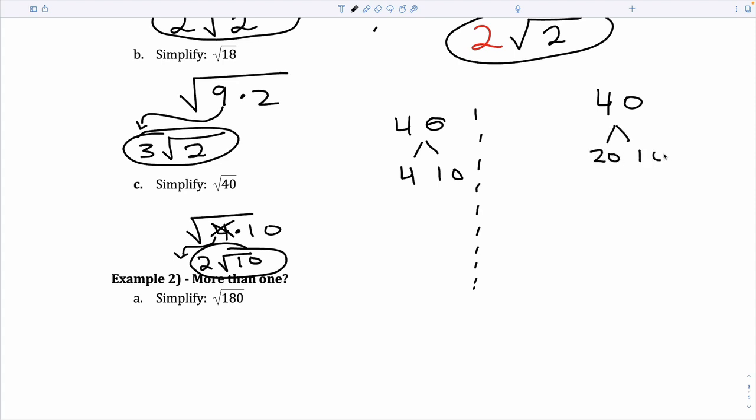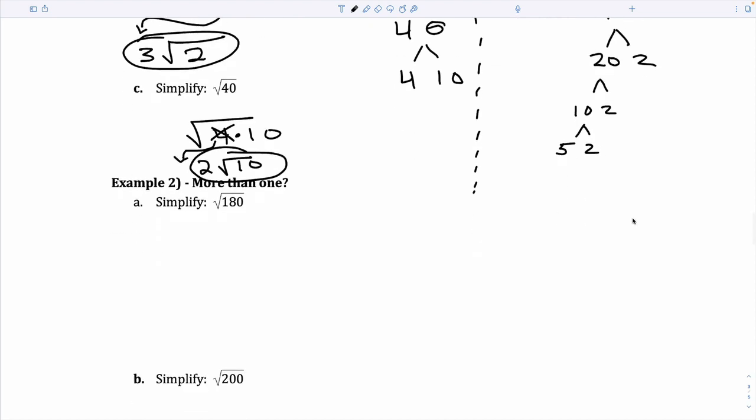Let's jot this down real quick because as the numbers get larger, your perfect squares will be a little bit harder to find. If I started with 20 and 2, you would do 10 and 2, and then 5 and 2. Once you get everything factored, you can start searching for double numbers. I have 2 2's.